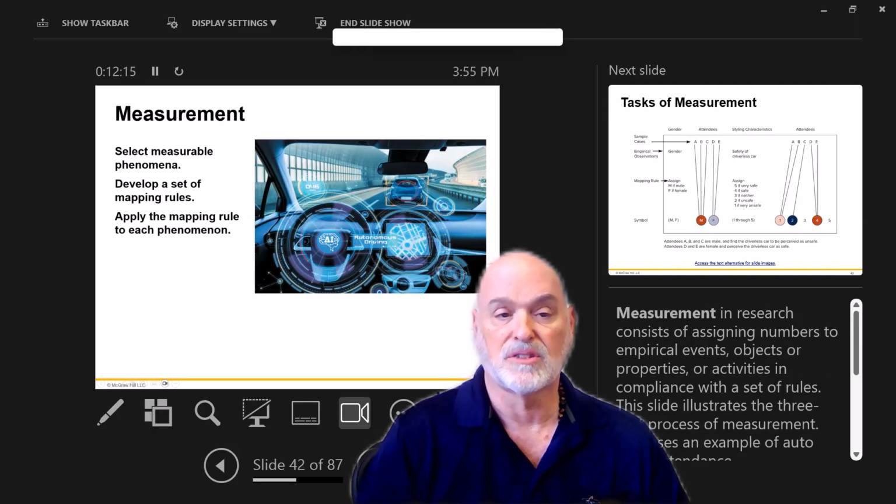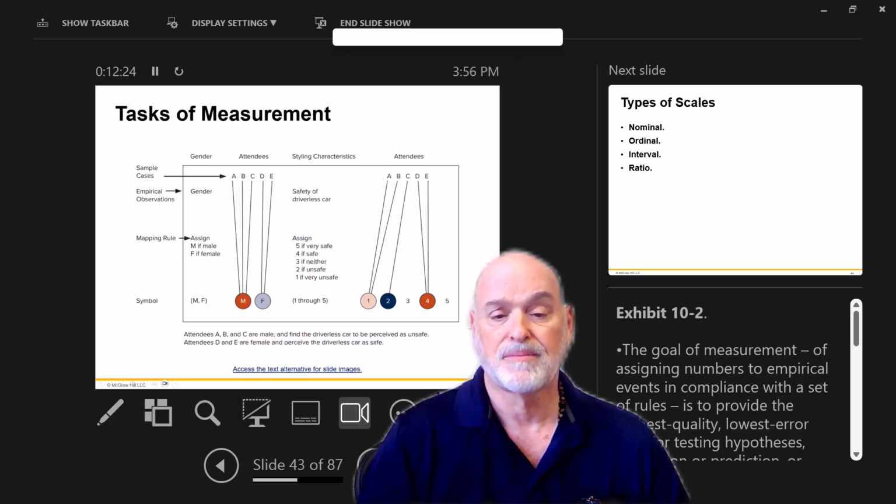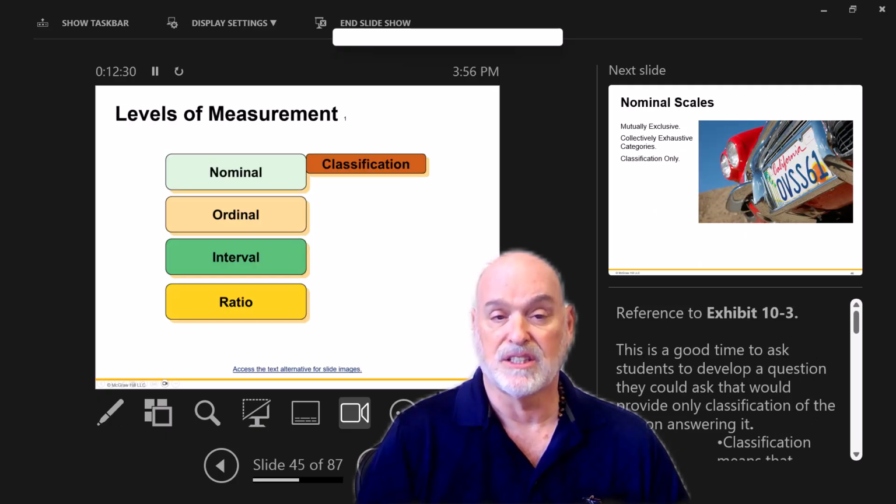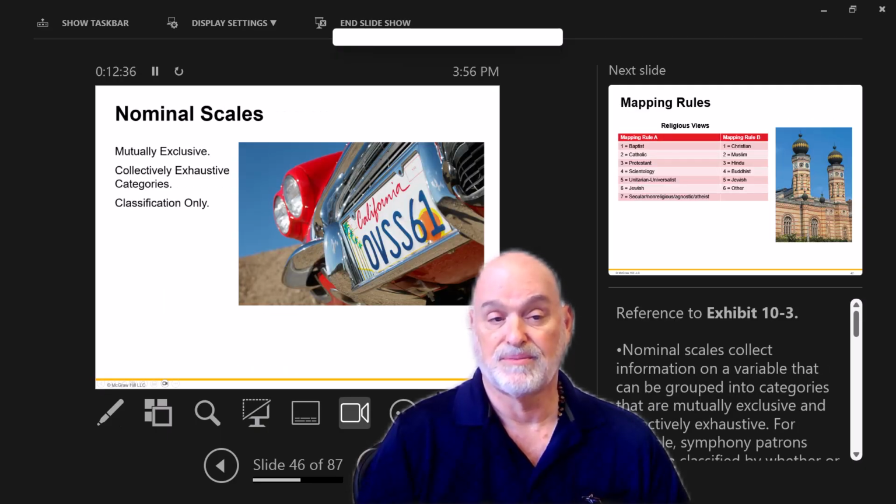These are the reviews of the terms. Measurement: select measurable phenomena, develop a set of mapping rules, apply the mapping rule to each phenomenon. And we saw this before. And the types of scales: nominal, ordinal, interval, and ratio. And different levels of measurement: nominal, ordinal, interval, ratio.